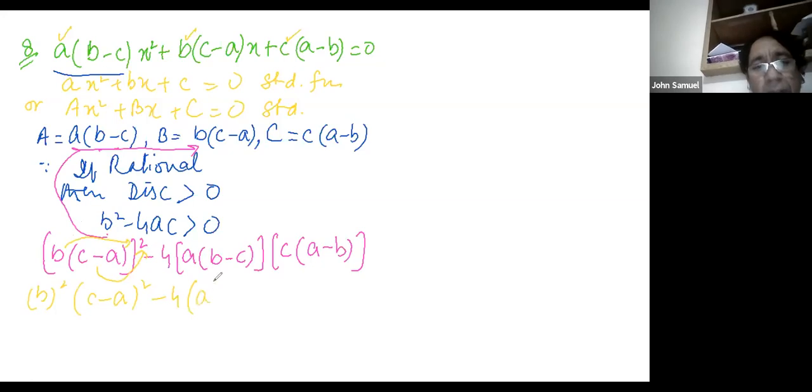A into b will become ab, minus a into c will become ac, and c into a you can write ca or ac. You can write either, but make sure whatever you write in one place, you write the same in the other place so that no ambiguity is created. So write ca here, minus bc.